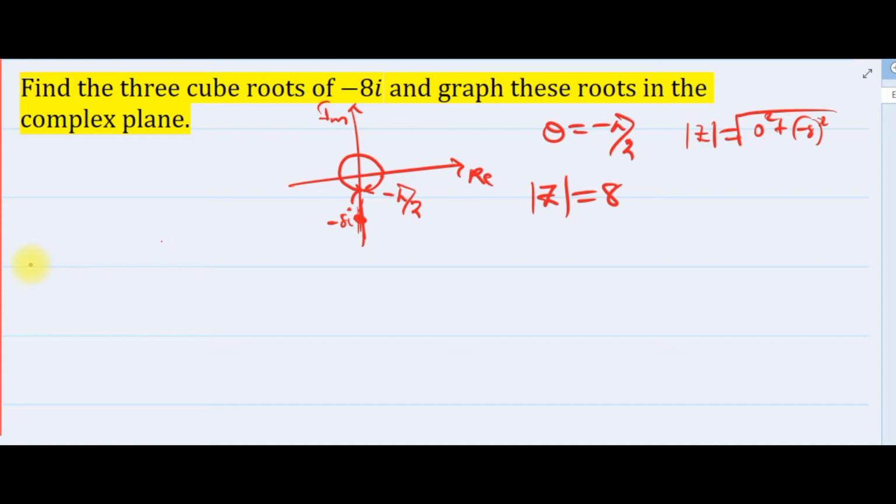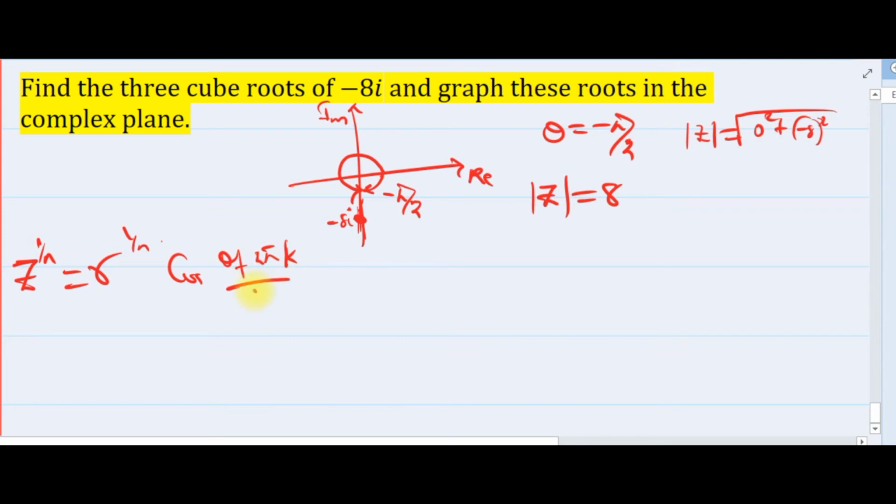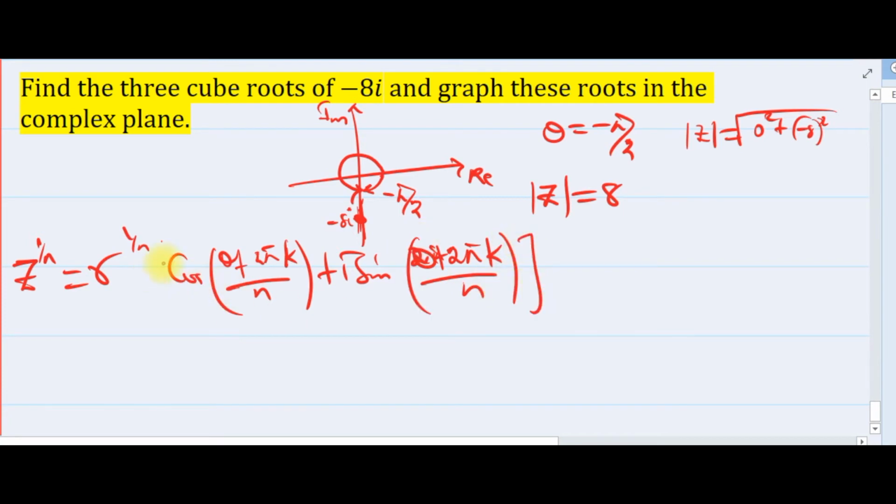From our complex number, the nth root is always r to the power 1 over n, times cos of (theta plus 2 pi k over n) plus i sine of (theta plus 2 pi k over n). In this case, our n is 3, so k must be 0, 1, 2. It must have 3 values.